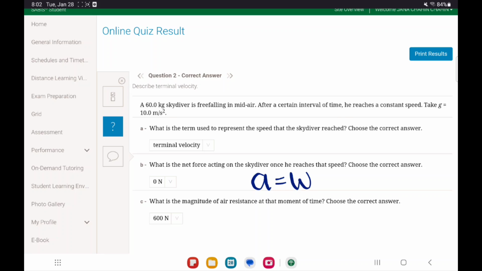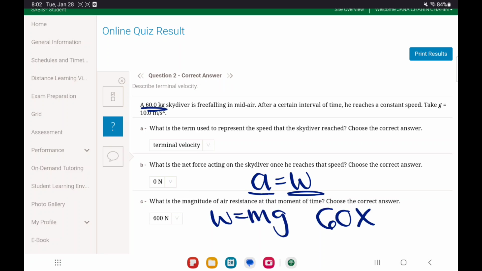We don't have the values to find air resistance, but we have the values to find weight. So weight equals mg. M here is 60 kg, gravity is 10, so 60 times 10 is 600. And that's your answer here.